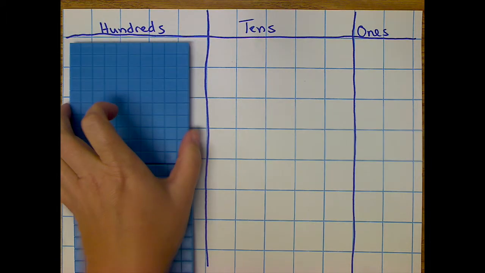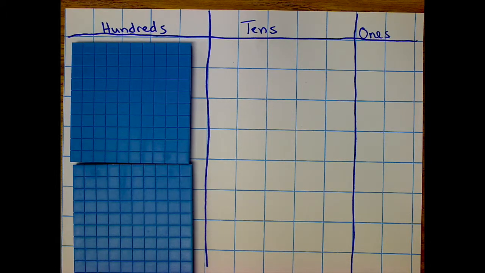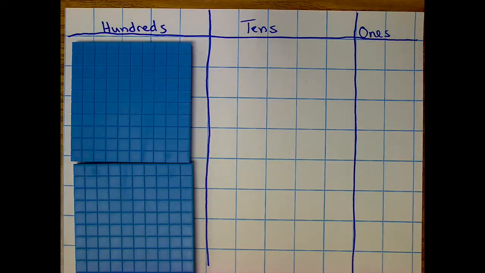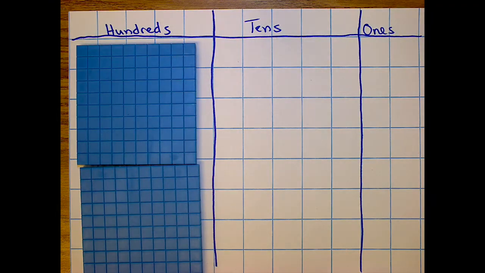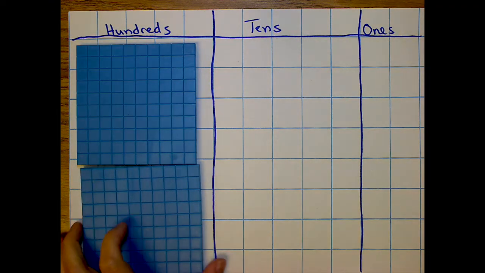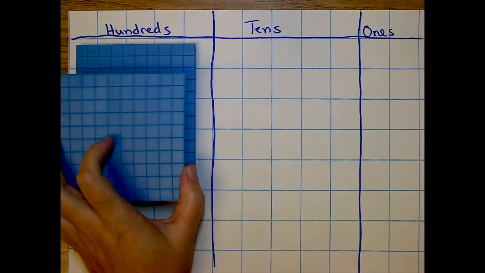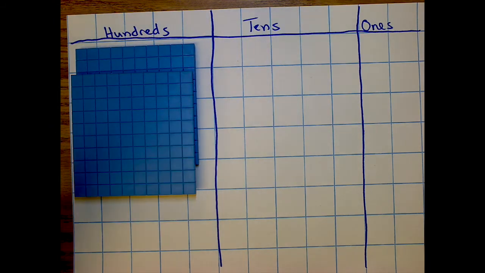Well, I can't break a piece off of here. That doesn't work. So what do I need to exchange one of these for? You have to exchange one of the hundreds for 9 of the 10 and one of the 10.